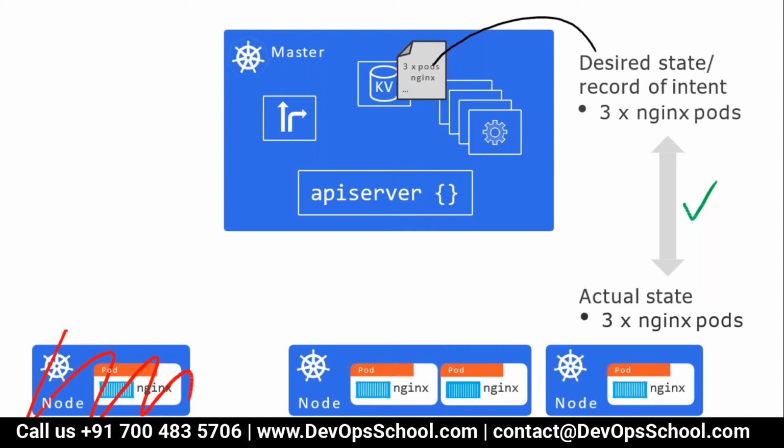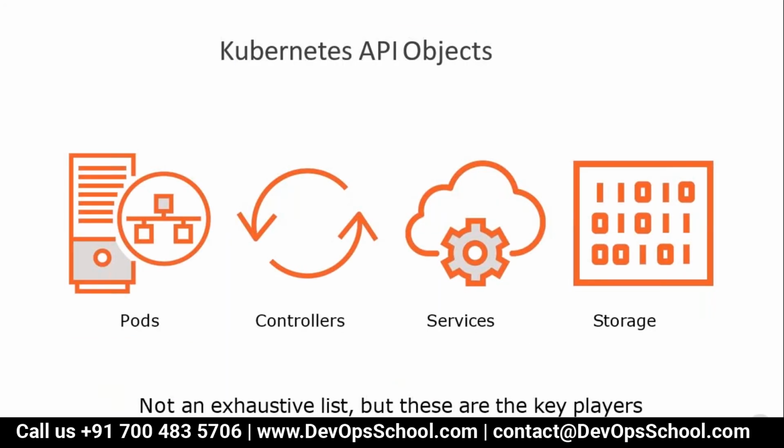We don't know much about the pod, but at least now we know that a pod contains containers and we want the pod to be created. So guys, what is your job in Kubernetes? Because I've been telling you everything will be done by Kubernetes. Then what are you going to do?